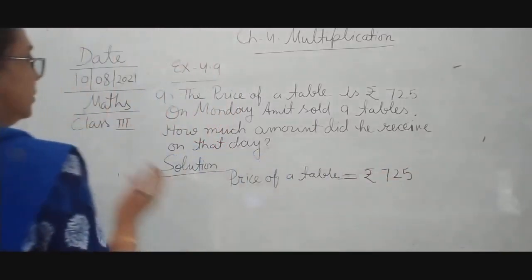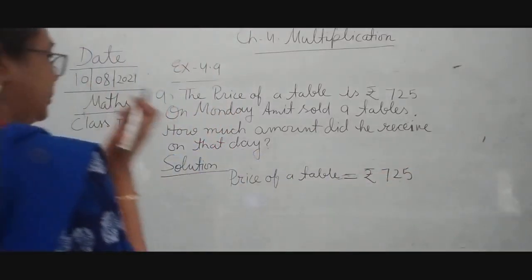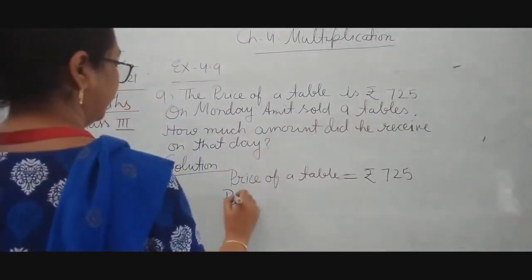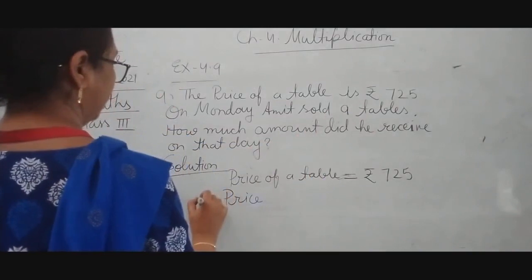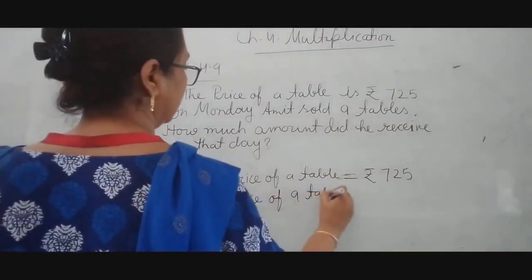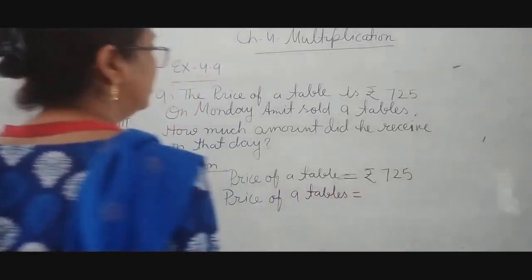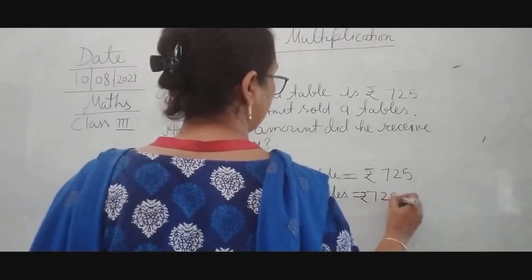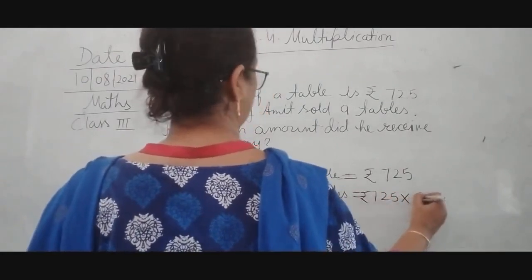Amit sold 9 tables. Therefore, price of 9 tables equal to 725 rupees multiplied by 9.